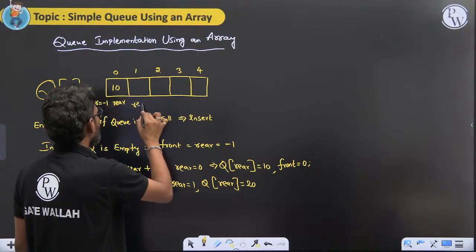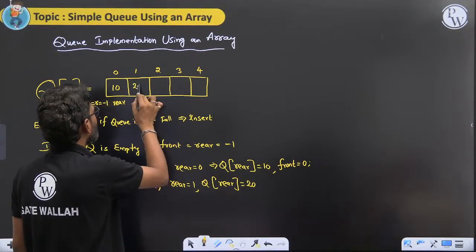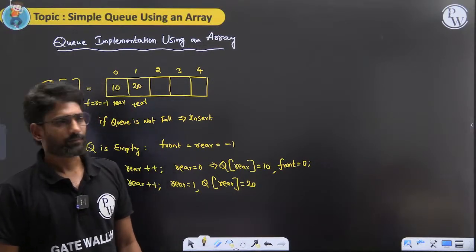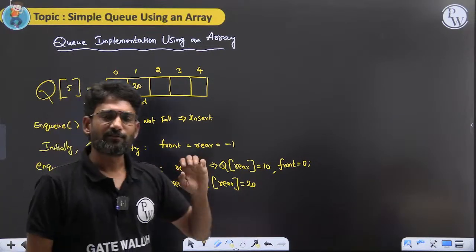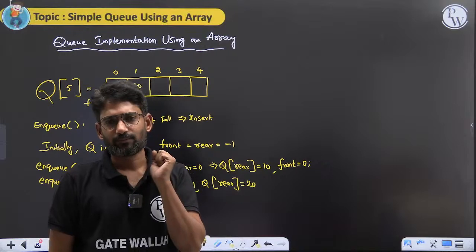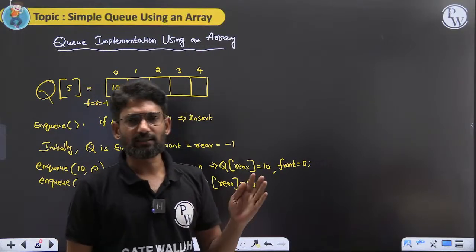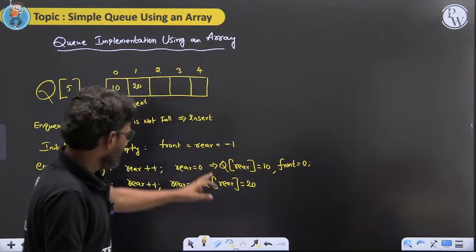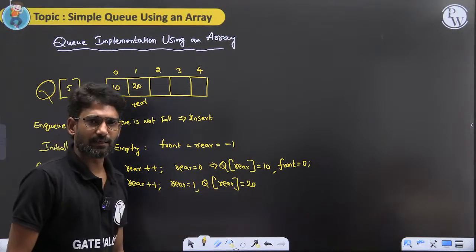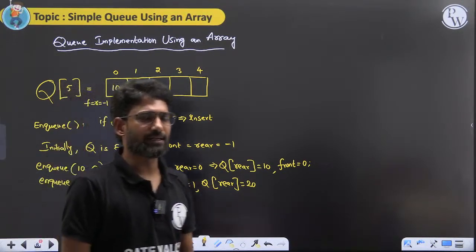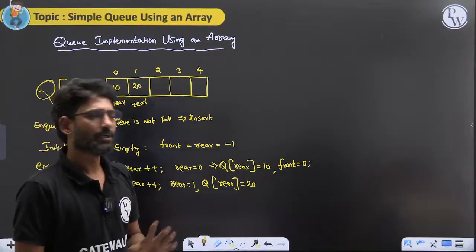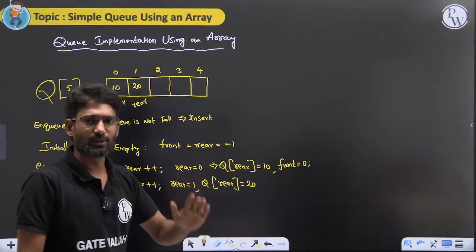So rear reaches 1, I am putting 20 at index 1. Now what about front? Front should still be at 0, because what is inserted first will be removed first. In 10 and 20, 10 is inserted first, so that should be deleted first. So front should always be at the index of deletion, so front will still be at 0 only.